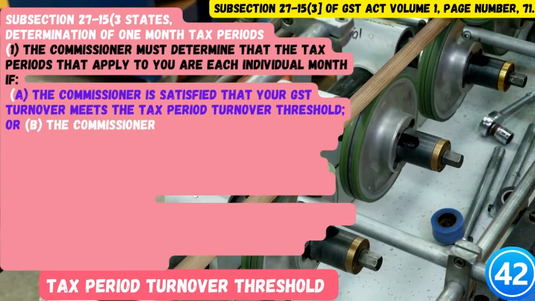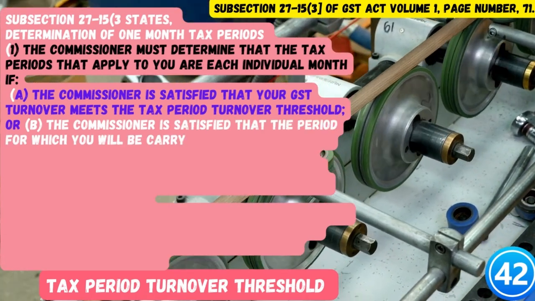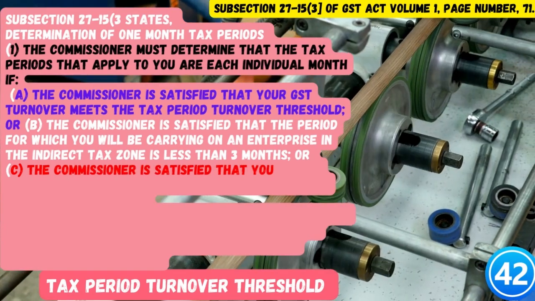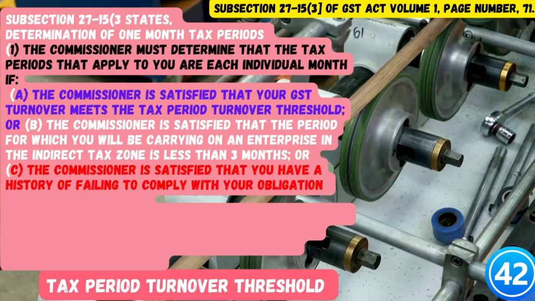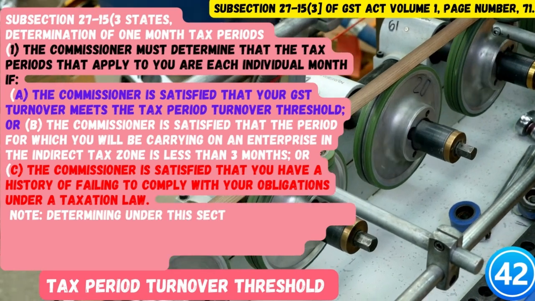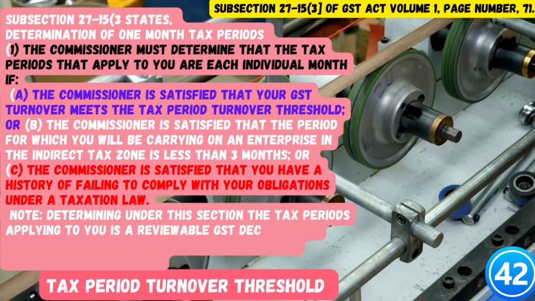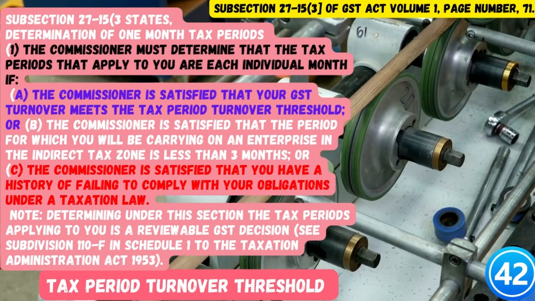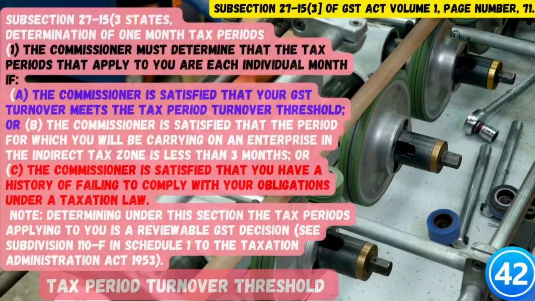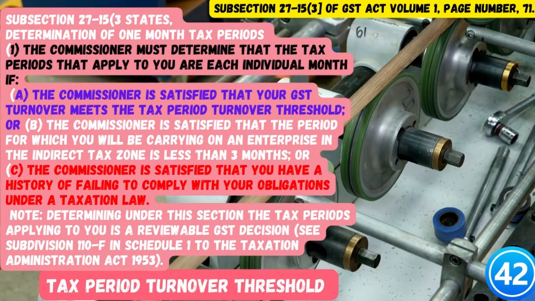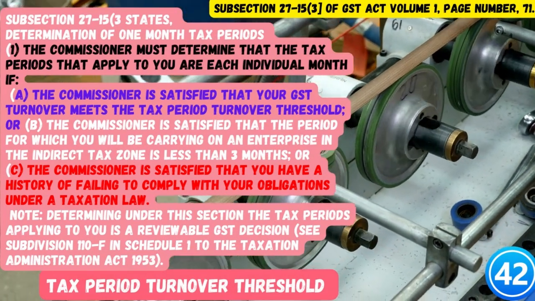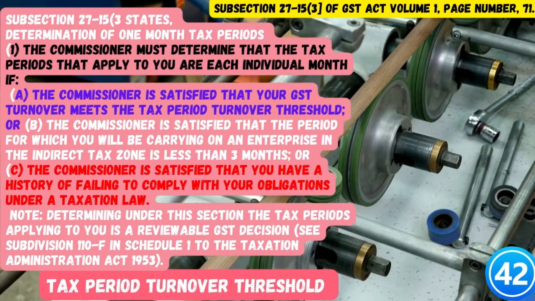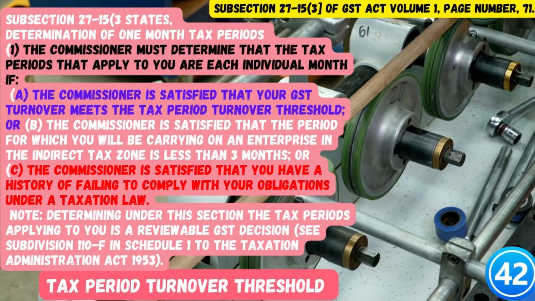1. The Commissioner must determine that the tax periods that apply to you are each individual month if A. The Commissioner is satisfied that your GST turnover meets the tax period turnover threshold, or B. The Commissioner is satisfied that the period for which you will be carrying on an enterprise in the indirect tax zone is less than 3 months, or C. The Commissioner is satisfied that you have a history of failing to comply with your obligations under a taxation law.